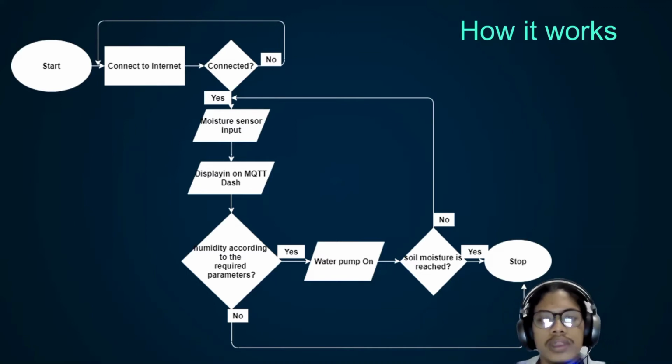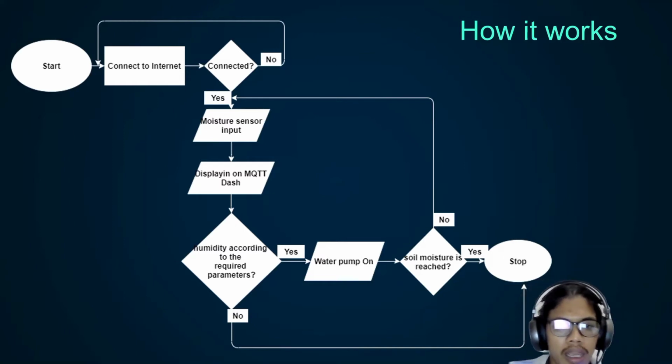Next, the NodeMCU will check again: is the value lower than the required parameter or not? If not, the system will stop and finish the process. If yes, the NodeMCU will trigger the relay to turn on the water pump.